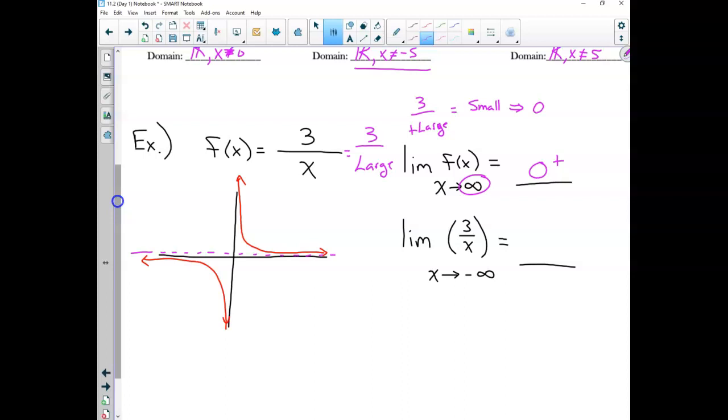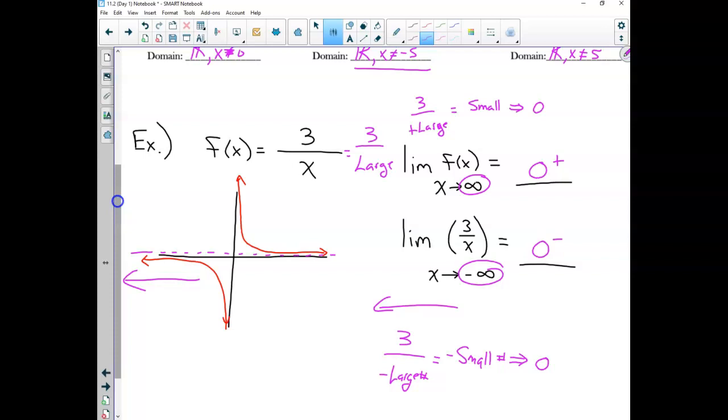And as I'm finding my left-hand end behavior, so as I go to negative infinity to the left, okay, that's this way, I can see if I take 3 and divide it by a negative large number, I end up getting a negative small number, which is slowly but surely approaching 0, but because it's negative, it's approaching 0 from the bottom side, okay?